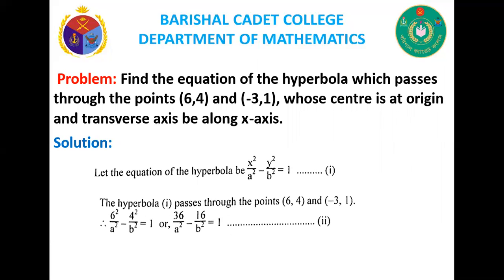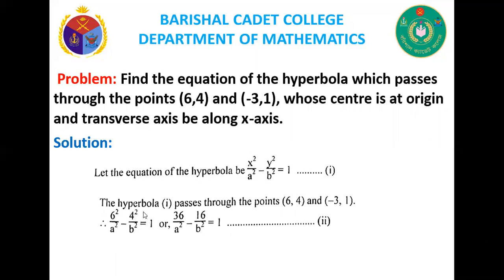The hyperbola, which is denoted by equation number 1, passes through the points (6, 4) and (−3, 1). So cadets, easily you can put the value 6 in the place of x and 4 in the place of y. You get 6²/a² − 4²/b² = 1.